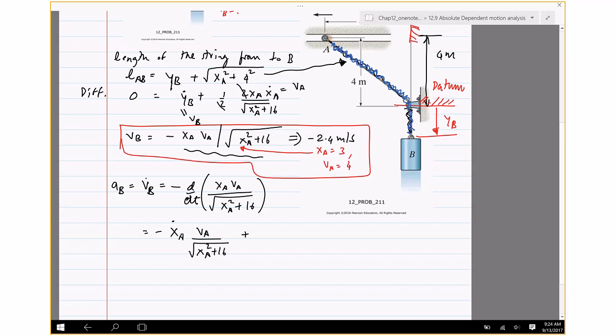Then you keep XA and the square root as it is, and take the derivative of whatever is left, which is VA, so it's VA dot. And then finally keep XA and VA constant, and take the derivative of whatever is left, which is the square root sign.